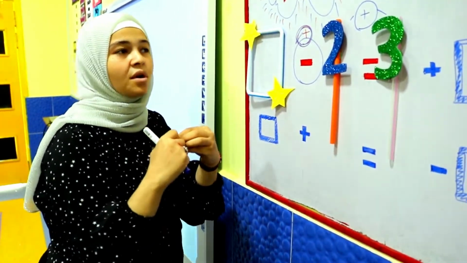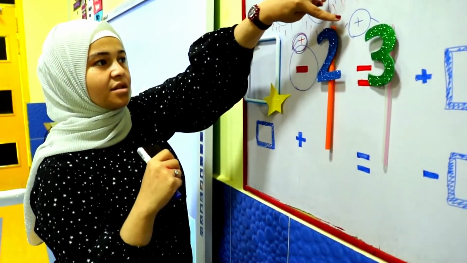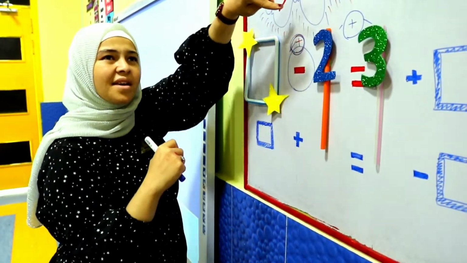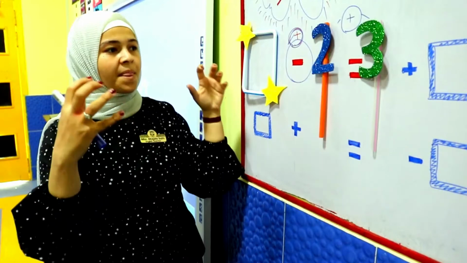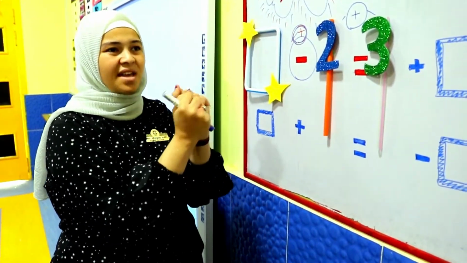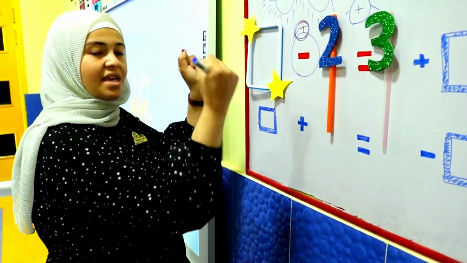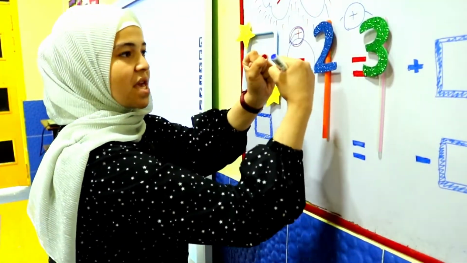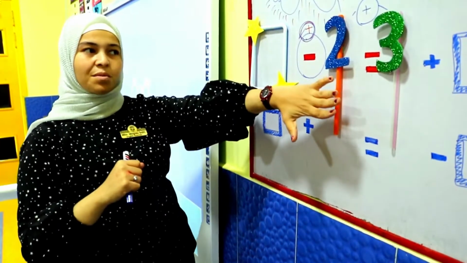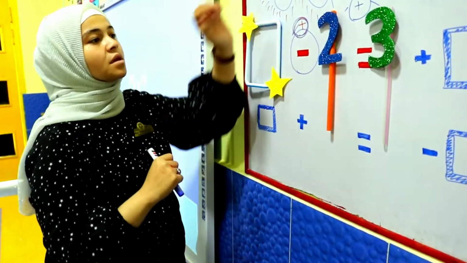Can you remember how to solve an addition equation? Yeah, I can remember the concept. Addition means add things together. Addition means put things together. So I put 2 with 3. These two numbers which I've got with me.